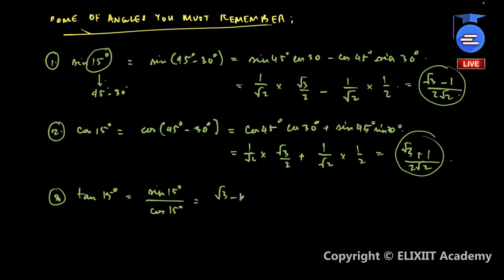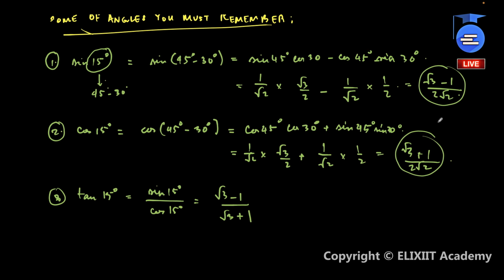Simply divide sin 15 by cos 15. So 2 root 2 will get cancelled out, and root 3 minus 1 divided by root 3 plus 1 is the result.